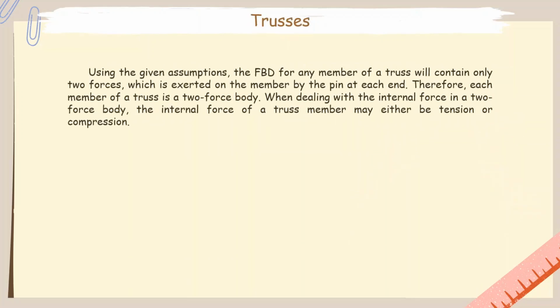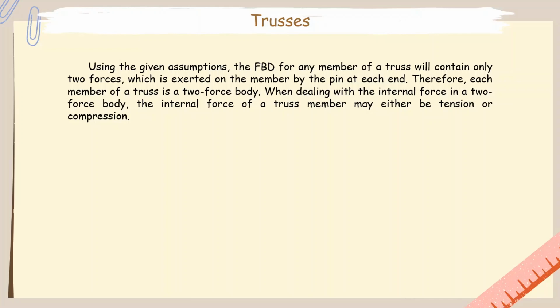Alright, so using the given assumptions, the FBD for any member of a truss will contain only two forces, which is exerted on the member by the pin at each end. So therefore, each member of a truss is a two-force body. So, two-force body ang bawat member ng truss.